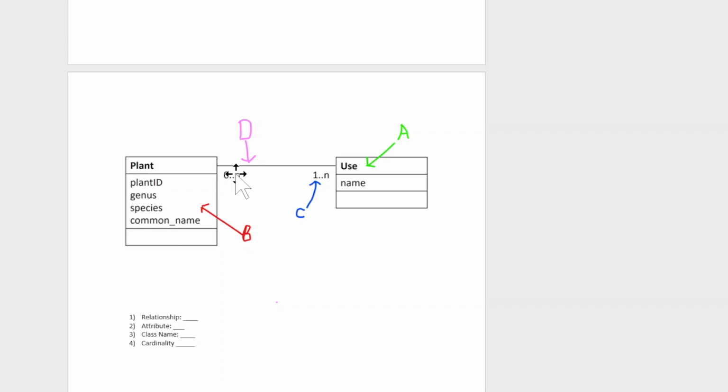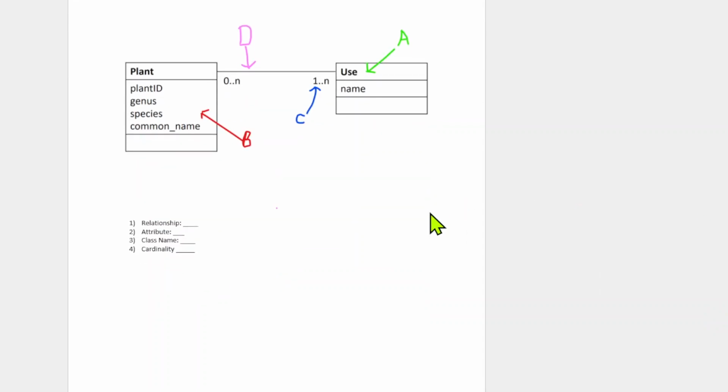This line indicates a relationship, so these two tables are related. And these numbers indicate cardinality. You will not be asked to dive into what the cardinality is. Just know that the cardinality exists. That's considered cardinality.